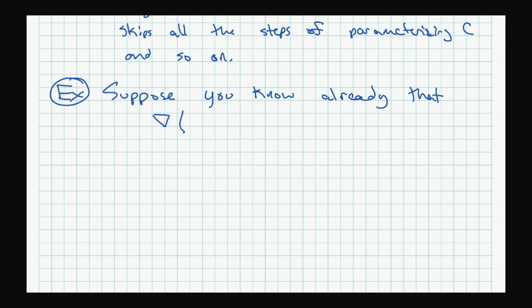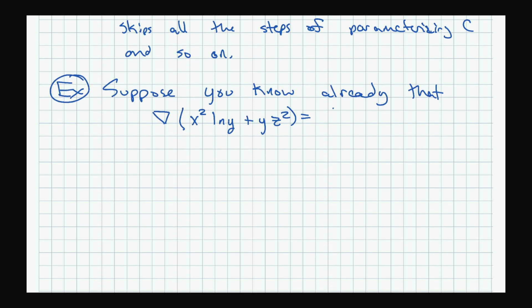Let's say the gradient of x squared ln y plus y z squared is equal to, looking for the function here, not actually going to integrate it myself. Suppose that's actually equal to 2x ln y comma x squared over y plus z squared comma 2yz. I guess that wouldn't have been too hard to do, but okay. So suppose we already know this.